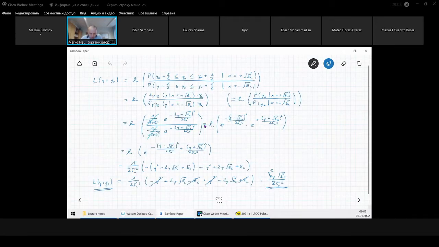What we basically did here was to insert the Gaussian distributions from our noise process. This is what we find here, and simplifying this gave us this result for the log likelihood ratio.